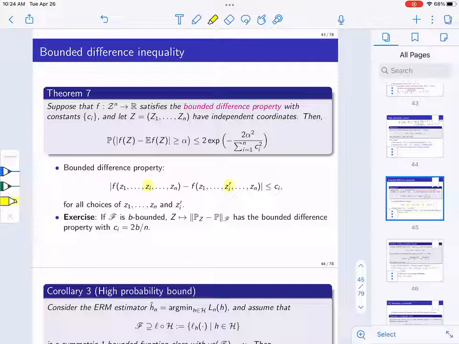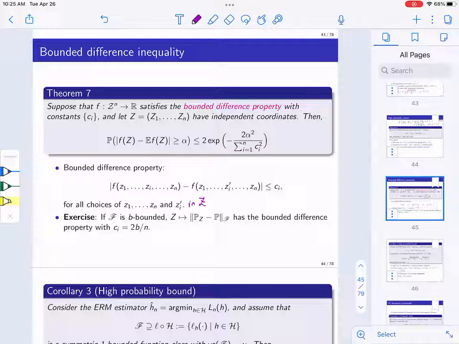So as long as z1 up to zn, and also z prime i, are in the domain, script z, they could be anything, and I want to have this uniform bound. This is called the bounded difference property. The idea is that the function doesn't change much if I change a single coordinate at a time. The difference is controlled, bounded, not unbounded.